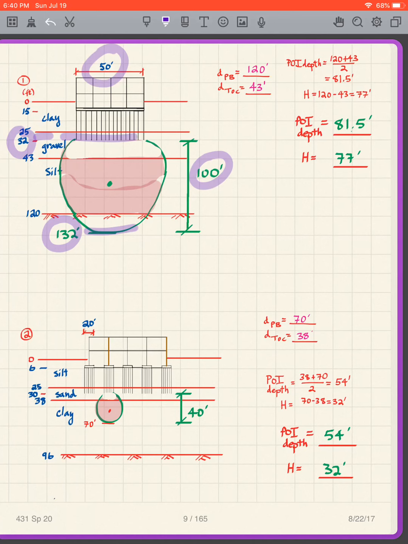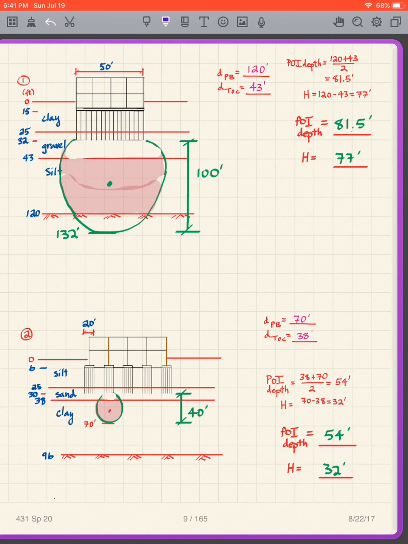If it's in the rock, we're not going to compress the rock, so I'm not interested in that. I'm throwing in another little trick here. There's really the bottom of my pressure bulb, but I'm not interested in the pressure bulb down here.